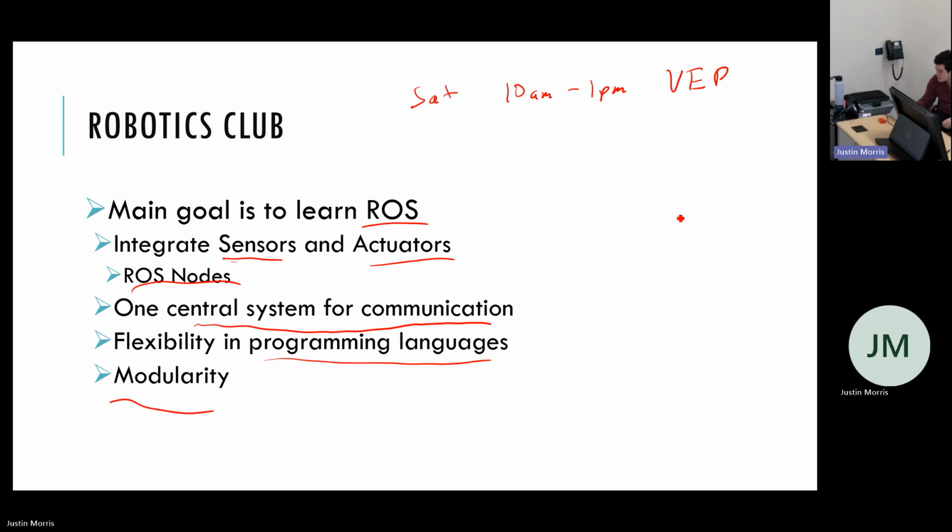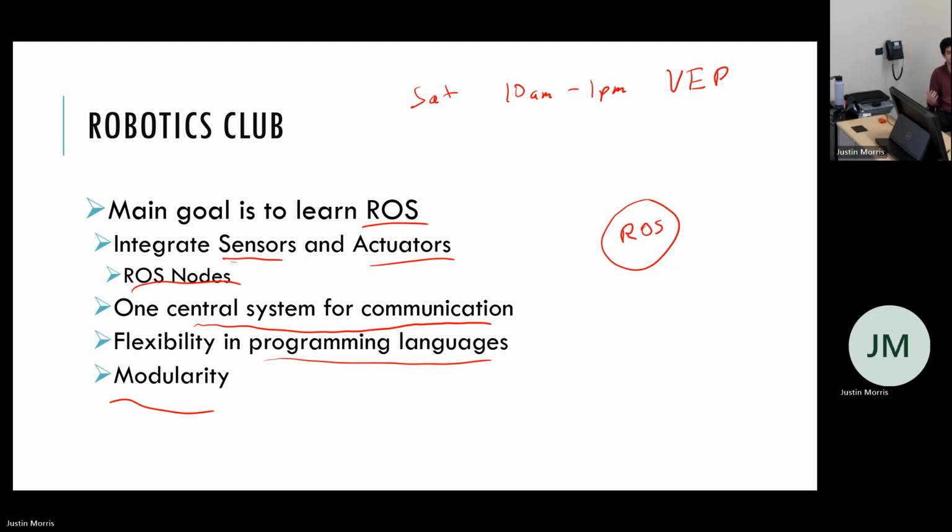So the way it works is you have this central system. Let's call it ROS, right? And this itself would be a ROS node. And for the most part, it would be a listener. There are two types of ROS nodes: listeners and publishers.